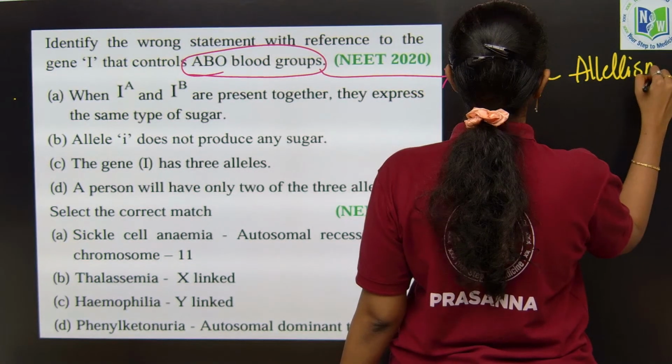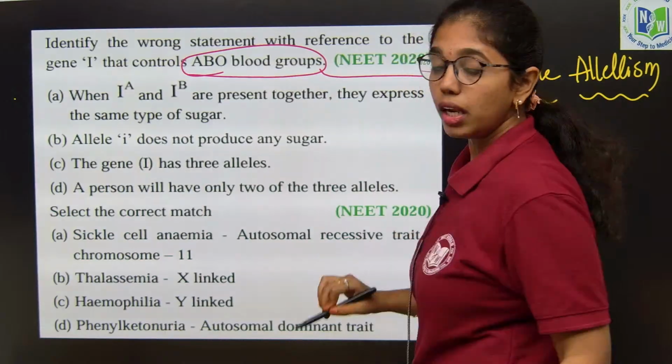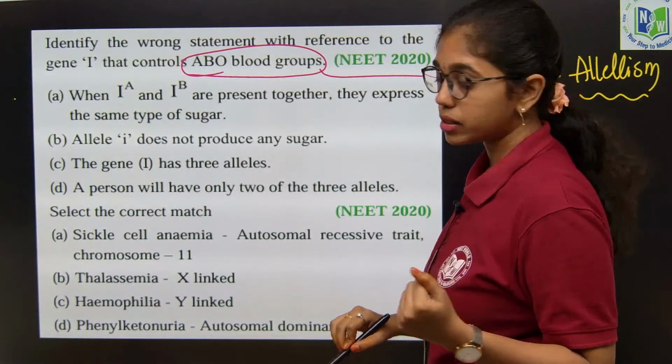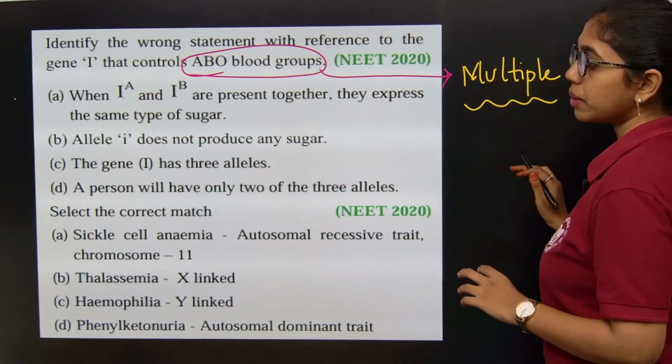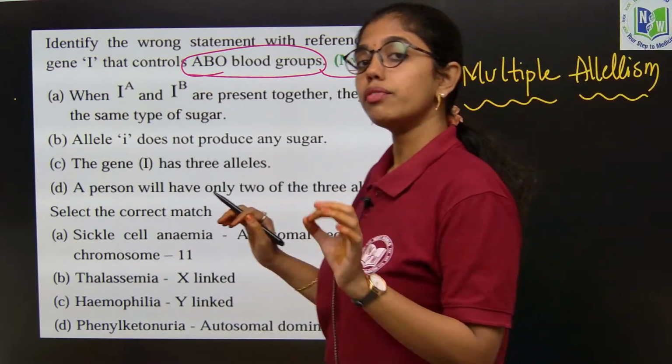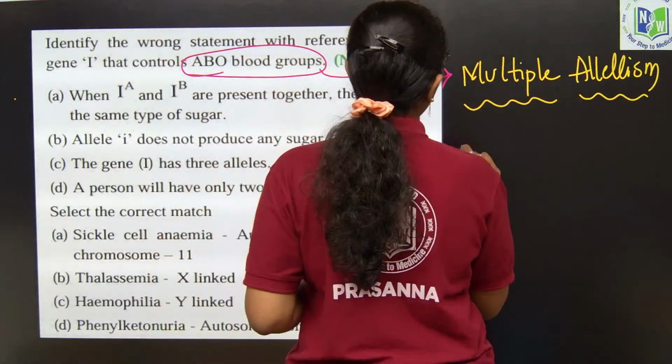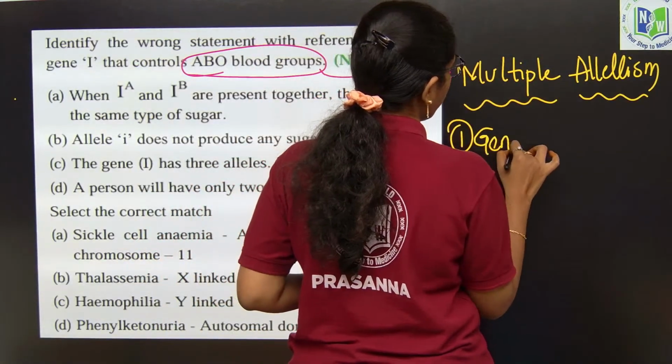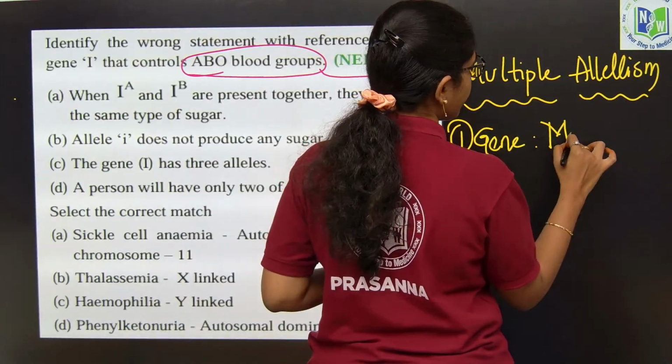What is multiple allelism? According to Mendel, one gene will have two alleles, but in multiple allelism, one gene will have more than two alleles controlling one character. Here one gene and many alleles.